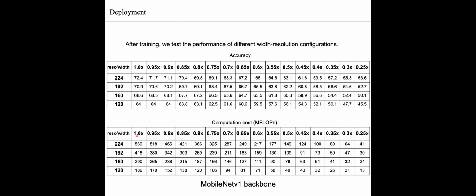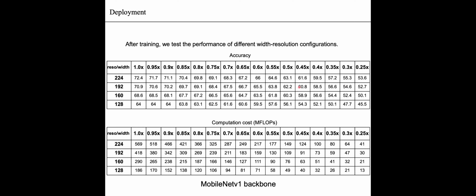For each configuration, for this particular MobileNet V1 backbone, we can compute the corresponding computational cost in millions of floating point operations. So we have a table for the computational cost. For each configuration, we can run inference with the network we just trained. Inference can be very fast. We just have to do this inference for different configurations.